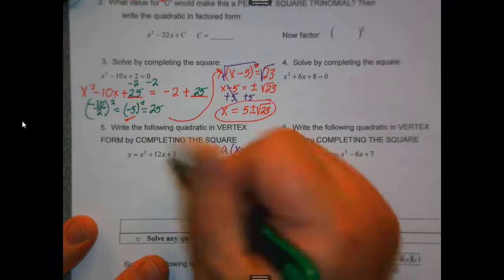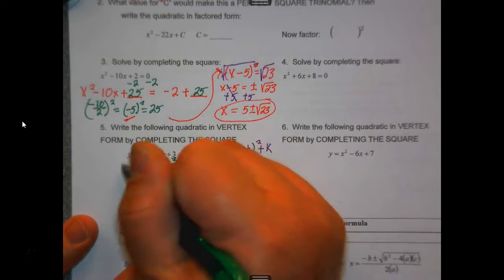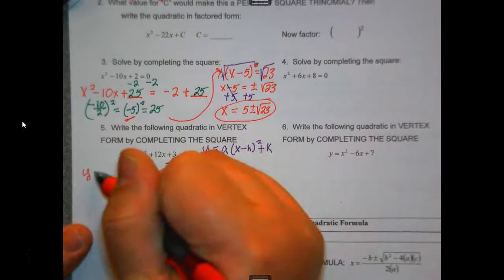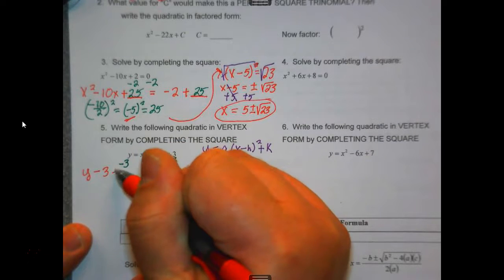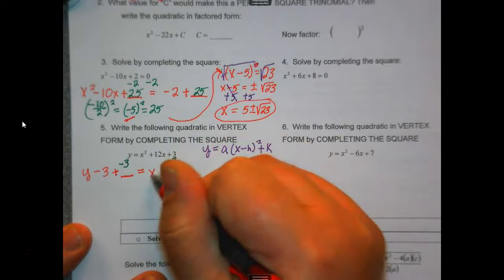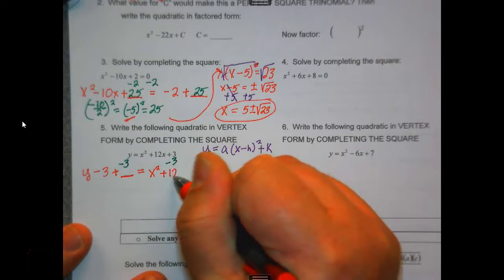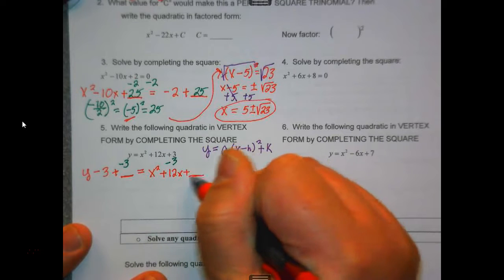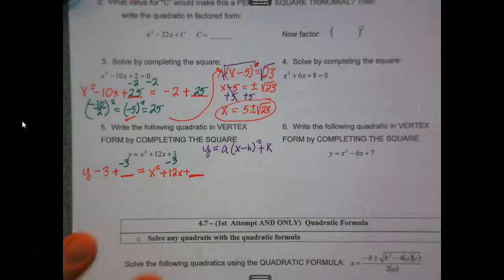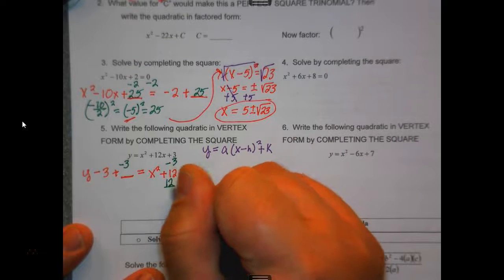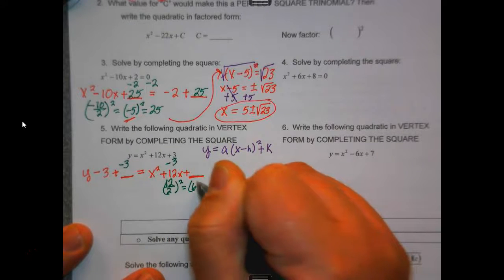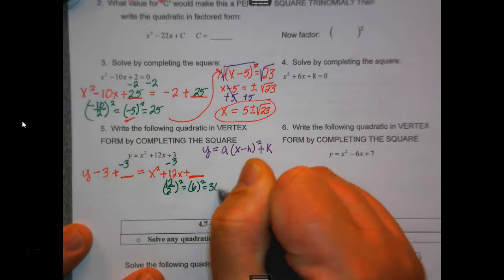First thing, let's get rid of this 3 to make it a perfect square trinomial. So I get y minus 3. We're going to have to add a perfect square equals x squared plus 12x plus that perfect square. Okay, my perfect square, half of 12, square it. I get 6 squared, which is 36.